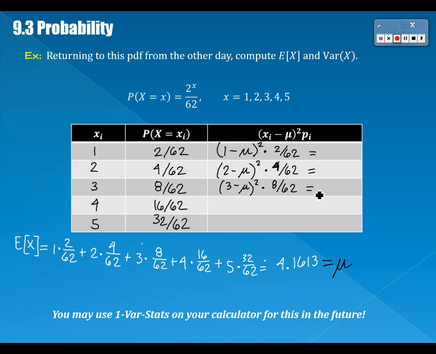This is terrible, right? I'm already bored of doing this. So hopefully we can use, as I kind of hinted at, maybe a way to quicken this with our calculator. Once we've done this once and we understand the process, I don't really feel like I need to ever do it again.